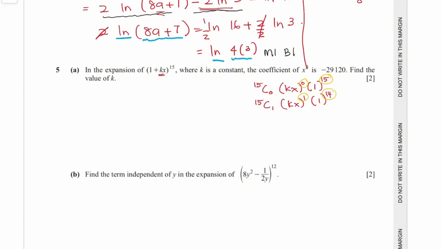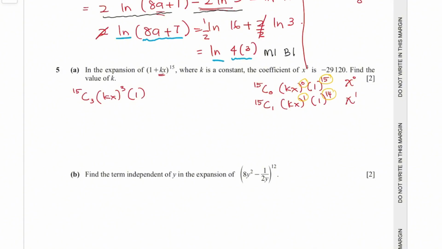And then from there, think about when are you going to have x cubed. So this is x to the power of 0. This is x to the power of 1. So next will be x to the power of 2. The next one will be x to the power of 3, which is when you have 15c3, right, with your kx, power of 3, with your 1 to the power of what?